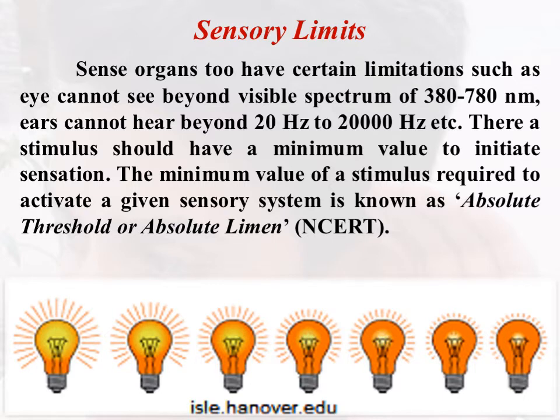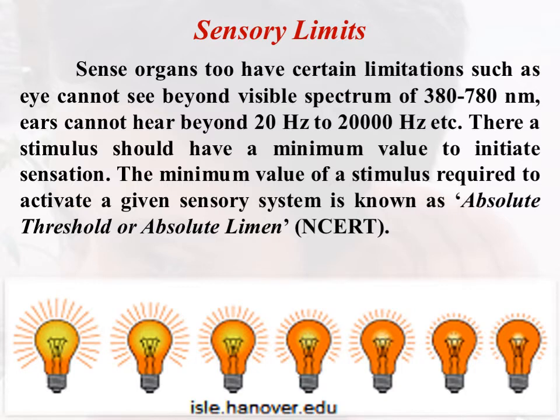It's very easy to remember: in this range, 80 is common, so you would remember 3 and 7. The visual spectrum that human eyes are capable of seeing is 380 to 780 nanometers. Similarly, our ears cannot hear beyond 20 hertz to 20,000 hertz.